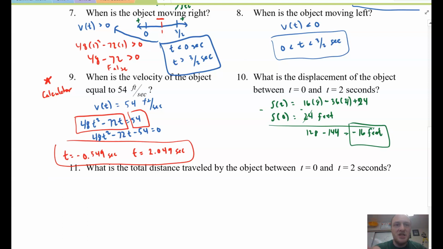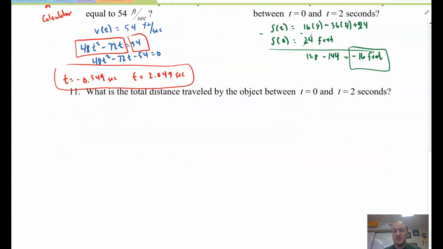So t equals 0 starts here, and then it goes leftward for a second and a half. So that's some distance. And then it's going to change directions and go for another half a second on this way to 2 seconds. So for total distance, you have to add those two distances up.